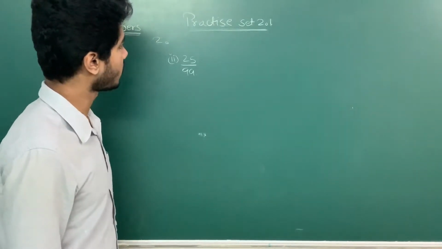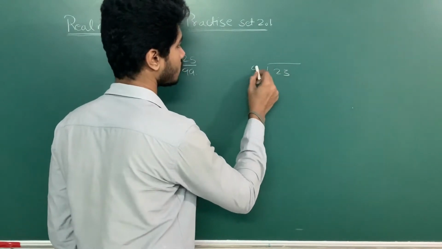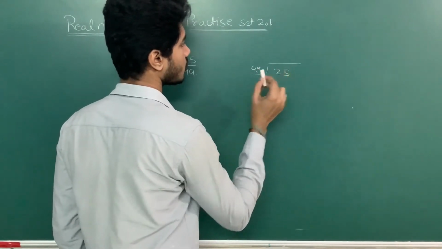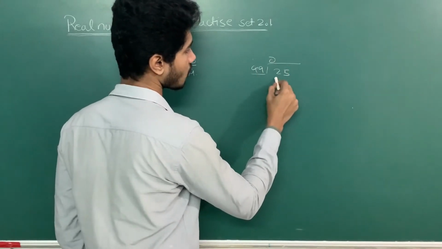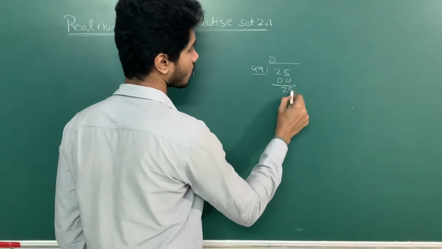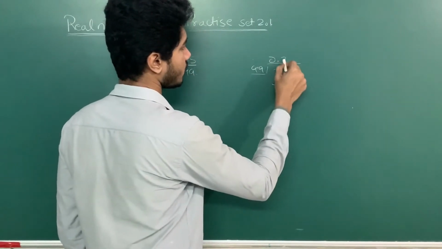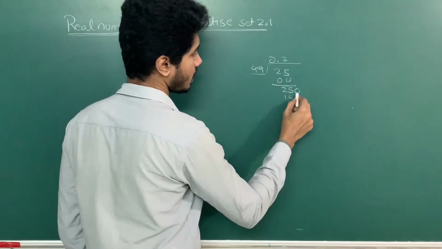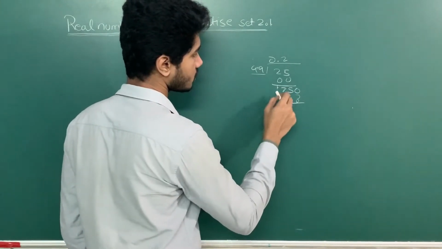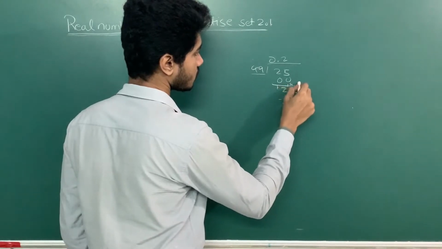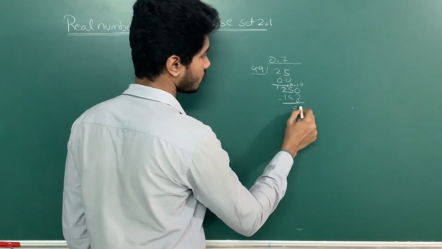Second question, 25 upon 99. You use the division method. I'll start from 0. You get decimal, and you can take 2s, you get 198, subtract this, you get 520.